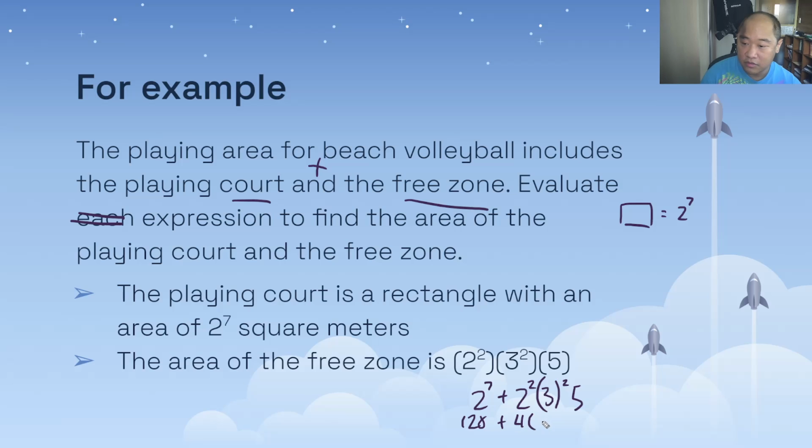Plus 3 squared is 9 times 5. Then 4 times 9 times 5 is 180. So it's 128 plus 180. And then 128 plus 180 is what? 308. Hopefully I'm right. Sometimes I make these arithmetic mistakes.